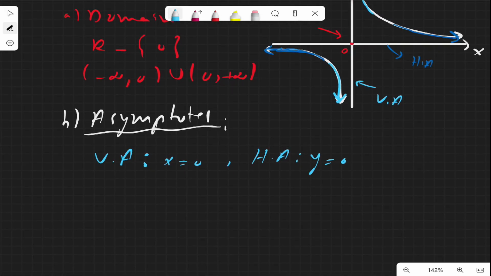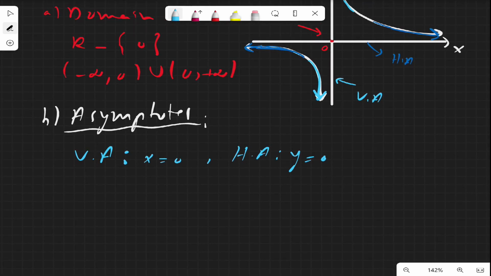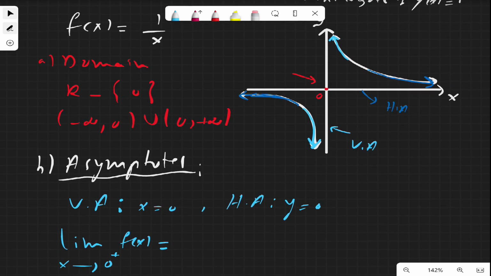Using our knowledge of continuity and end behavior, the limit when x goes to 0 from the right, this is 0 from the right, the graph is going to plus infinity.